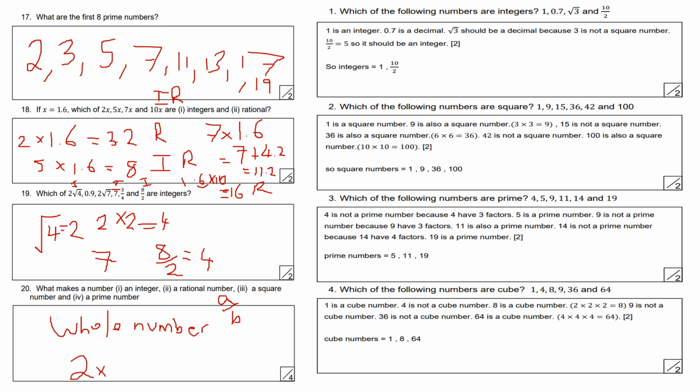So 2 times 2, for example, is 4. 4 is a square number. And a prime number only has 2 factors, 1 and itself. So an integer is a whole number, a rational number is a whole number or can be expressed as a fraction, a square number is a number that you times by itself, and a prime number has only 2 factors, 1 and itself.